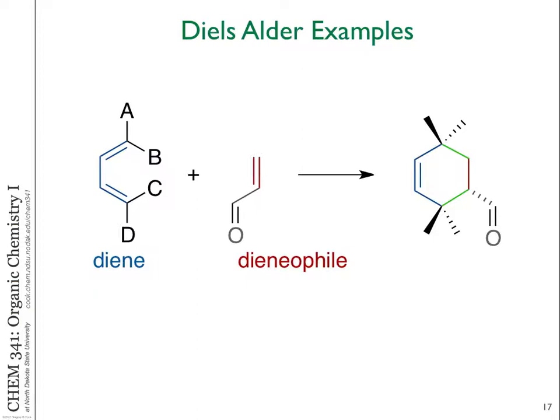Where do they end up in the product relative to this group? This group here ends up here, and I've drawn it down. Again, I'm thinking about the transition state, which I'll show you in more detail in a second, of it coming underneath the diene.